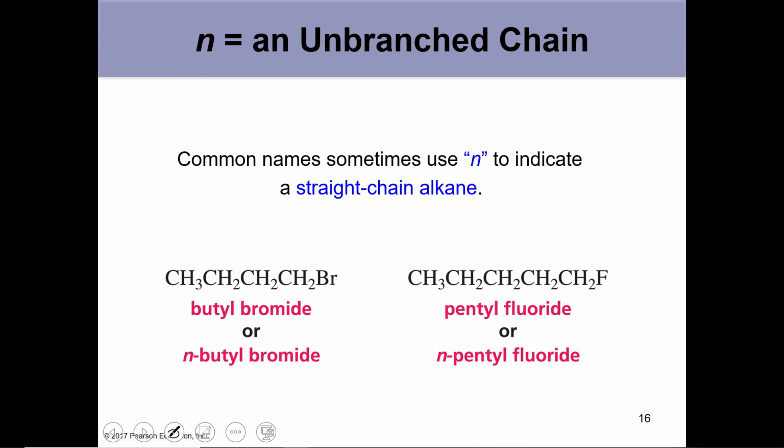So sometimes in the lab you will see a chemical that has an N in front of the name, and this could be like an N-pentane, or it could be in terms of a common name of a chemical such as N-butyl bromide. And what N means is that, technically, N stands for normal.